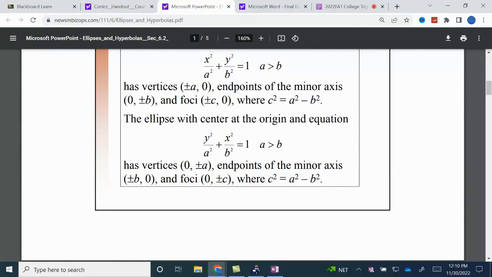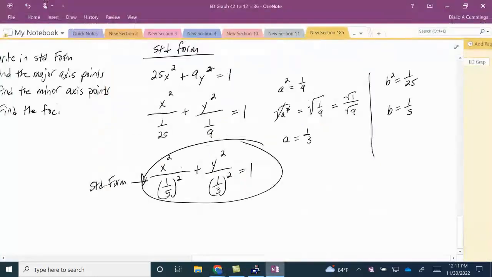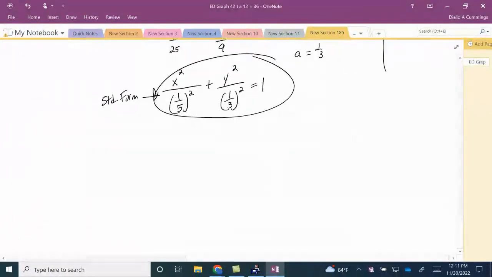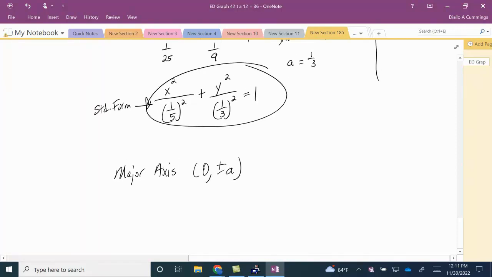So the vertices are 0 plus or minus a. The foci are located at 0 plus or minus c. And the minor axis points are plus or minus b comma 0. To find the major axis points, again they're located at 0 comma plus or minus a.